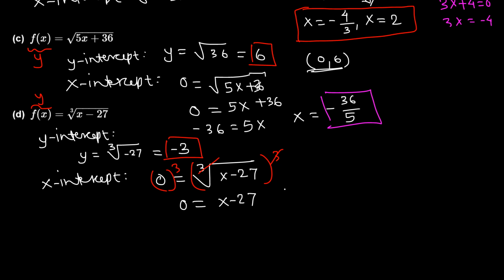Add 27 to both sides, we get x equals 27. So the x intercept is just 27. In coordinate form, the x intercept is (27, 0).